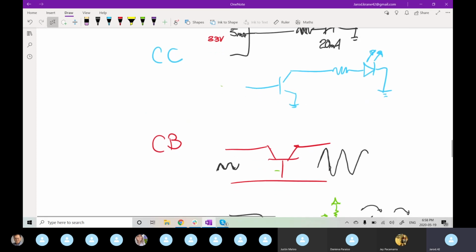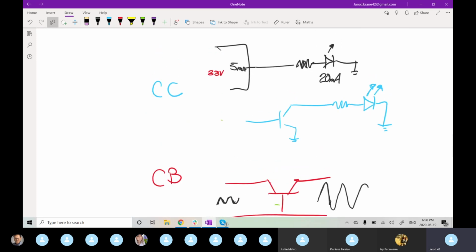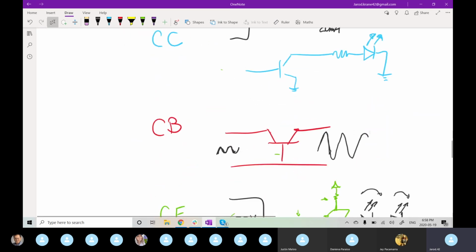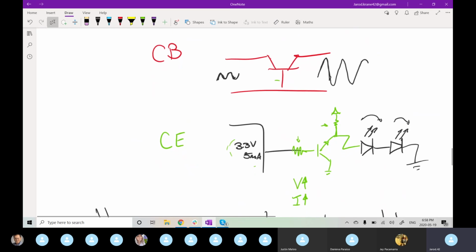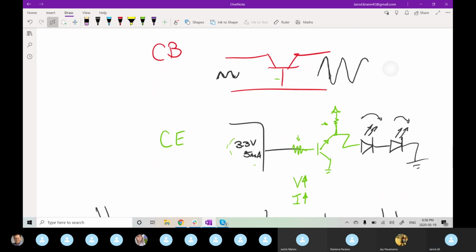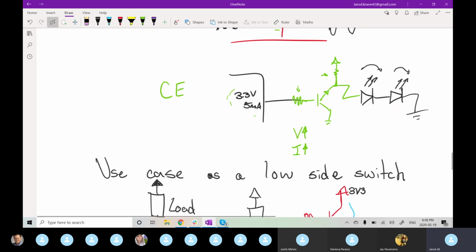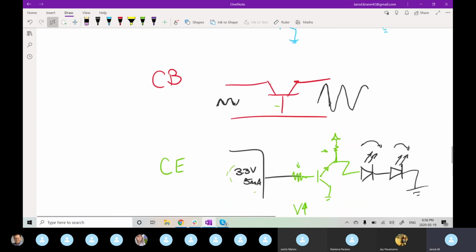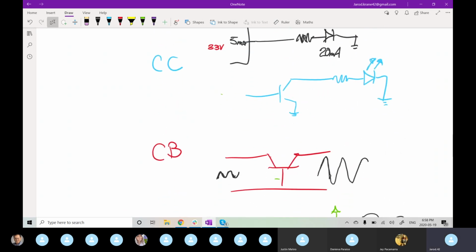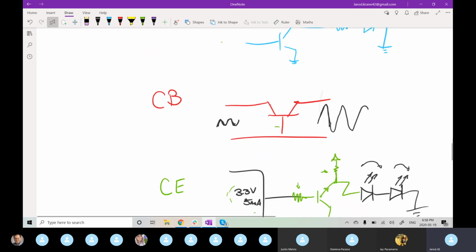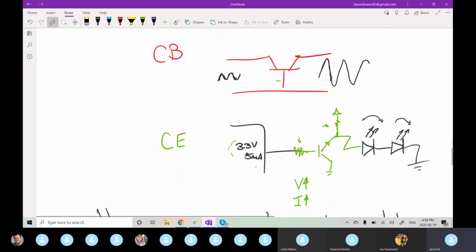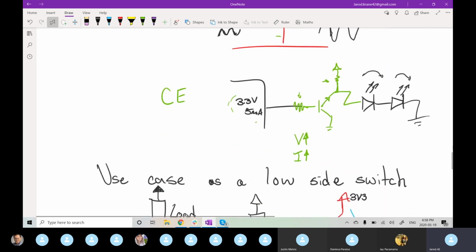So I think I actually drew this potentially wrong for one of these. Regardless, again, they can all be used in the same way to boost current, keep voltage the same, boost voltage, keep current the same, or boost both.